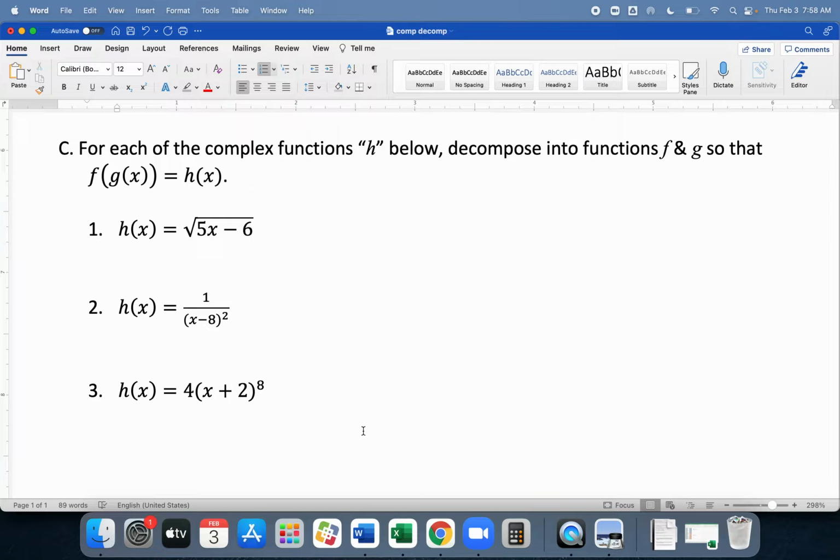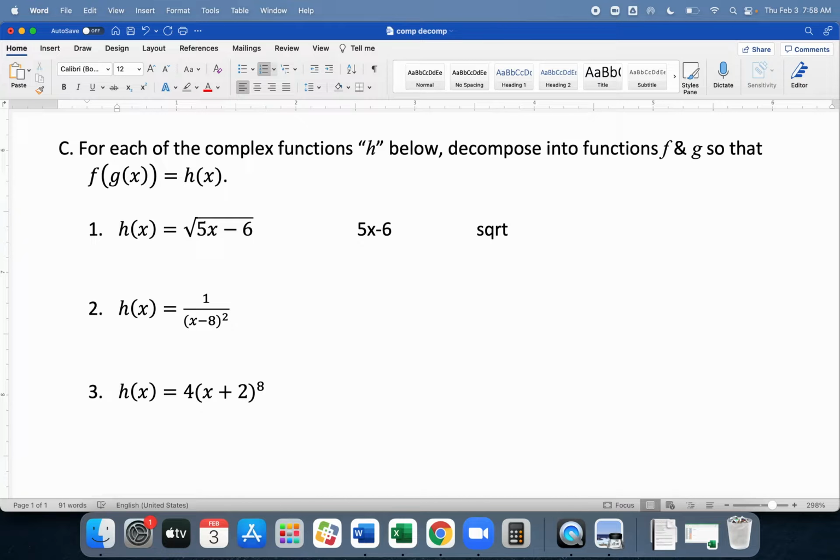This first one, for instance, is part linear function, 5x minus 6. But then there's a square root. If you think of it that way, this is kind of like a function whose rule is 5x minus 6 stuck in with another function whose rule is take the square root.